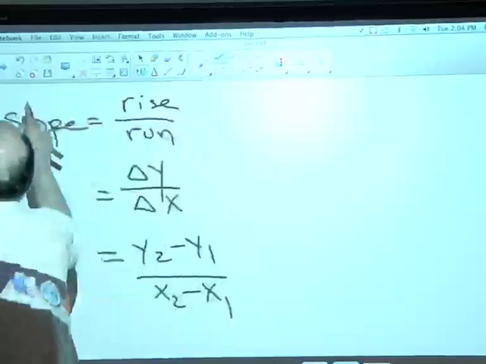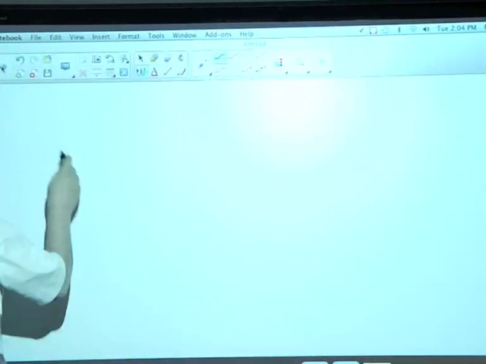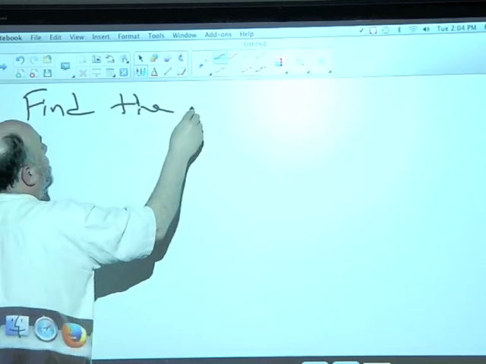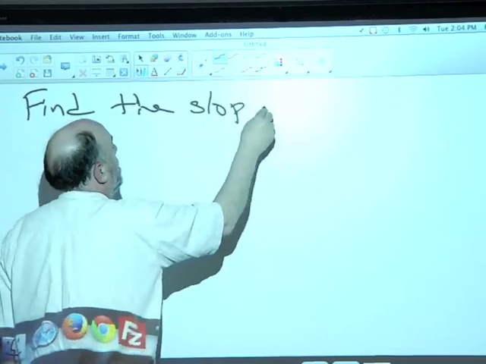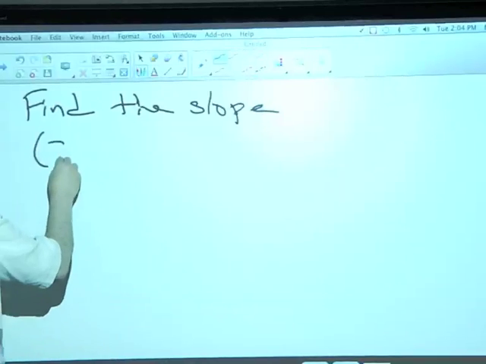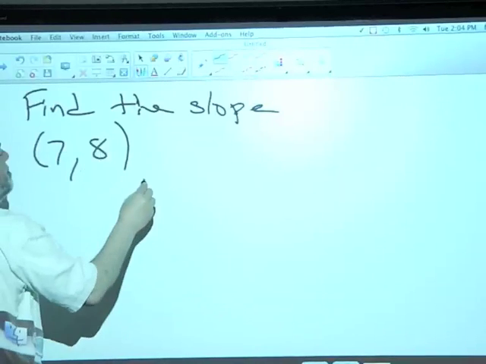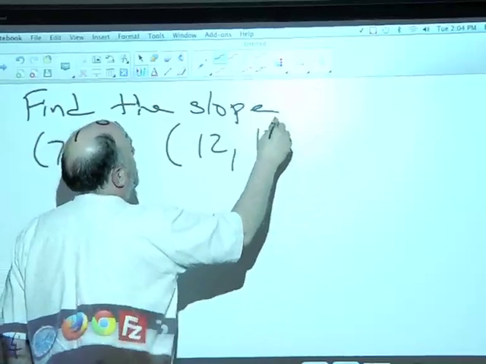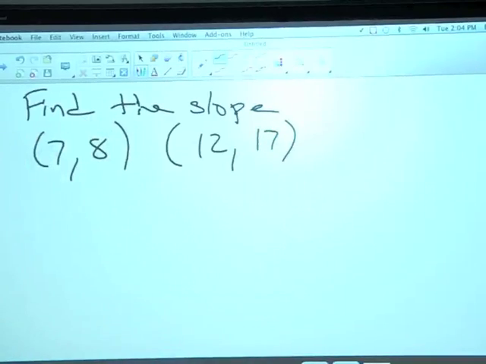So given 2 points, for example, if I say find the slope, and I have the point 7, 8, and then 12, 17. Well, I know there's a line that connects those two.